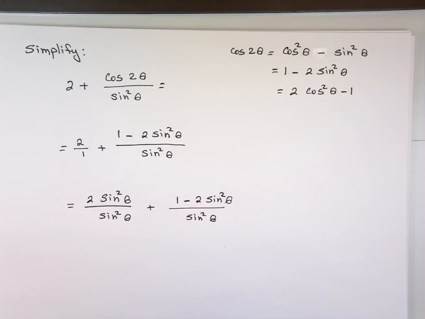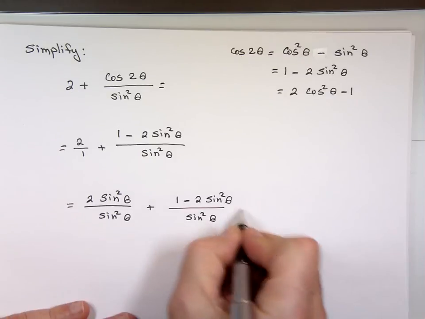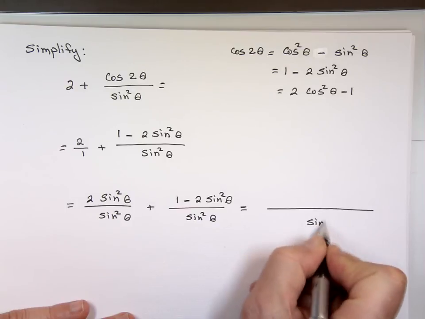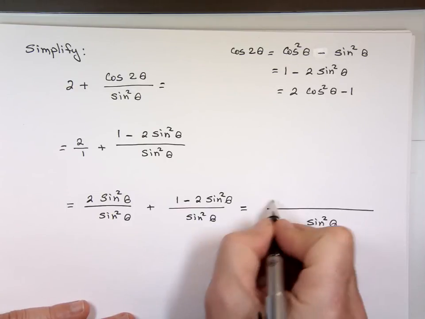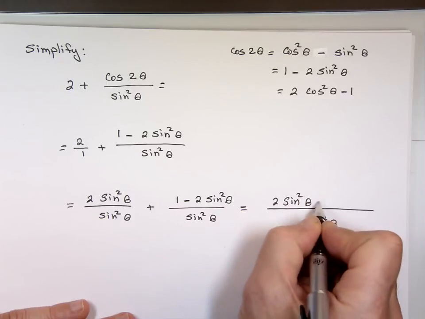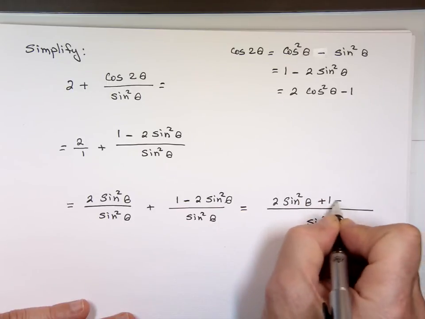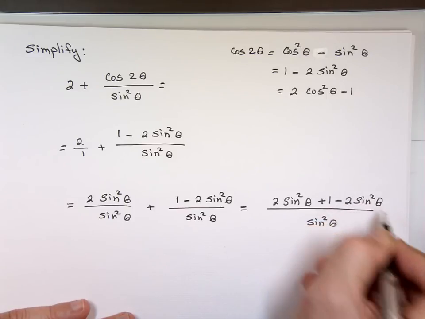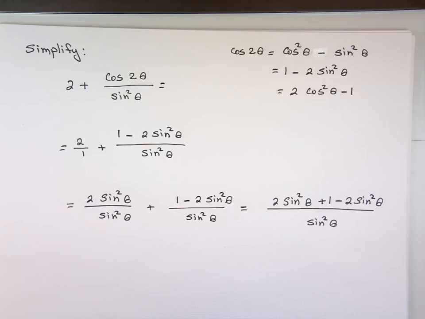Now if you combine them together as one fraction, you'll have what? 2 sine squared theta plus the 1 minus 2 sine squared theta. Any cancellations on the top? Anything canceling?